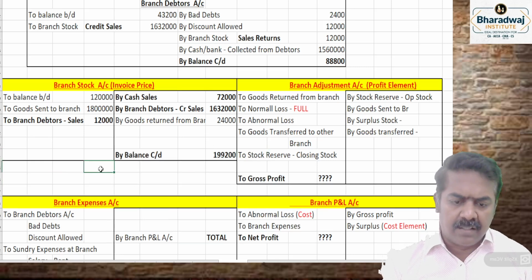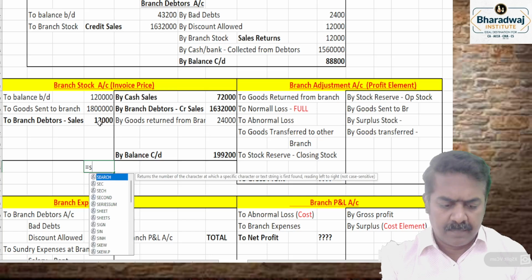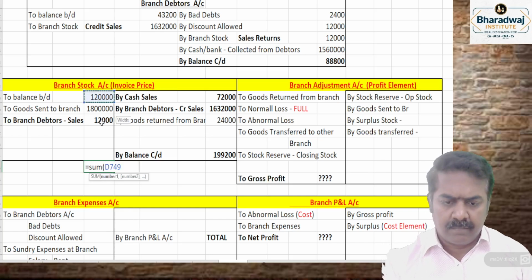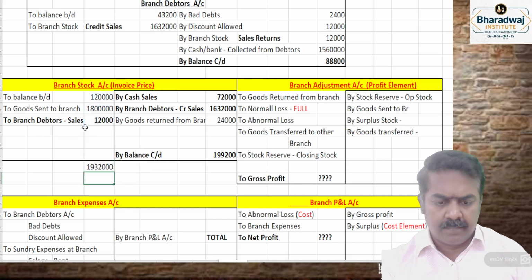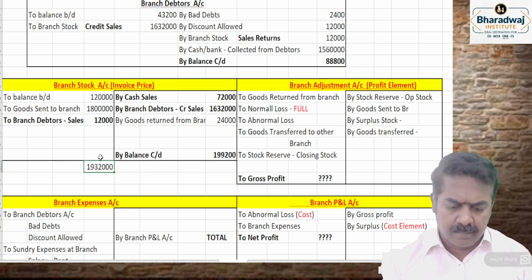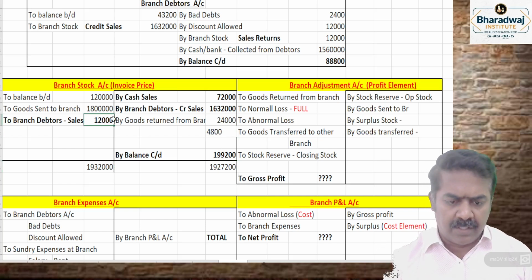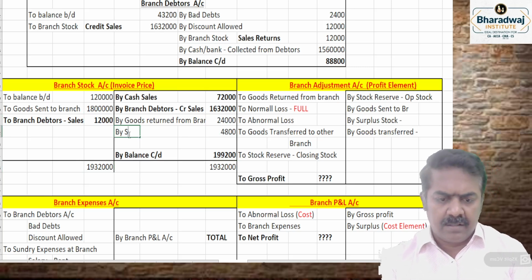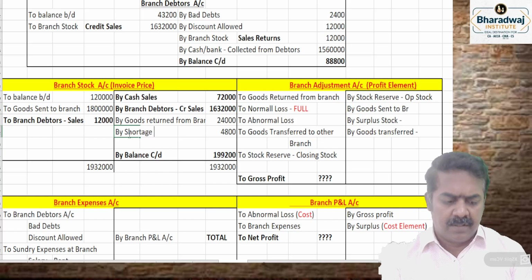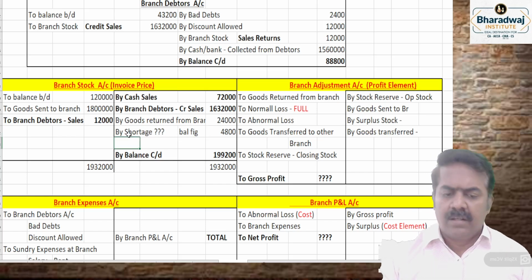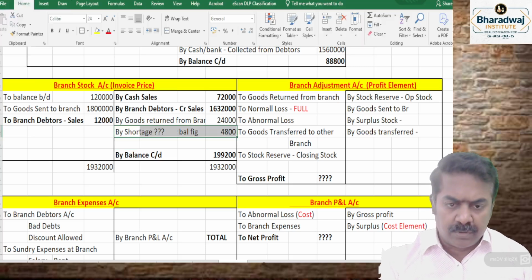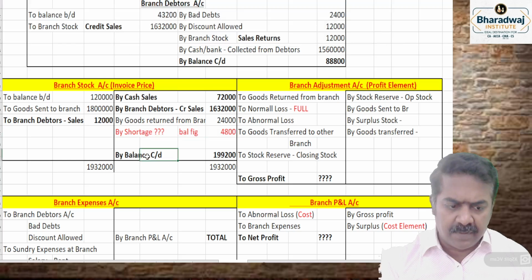Does it tally? What is the balance? 4,800, by shortage or deficit, as a balancing figure. We get it as a balancing figure.